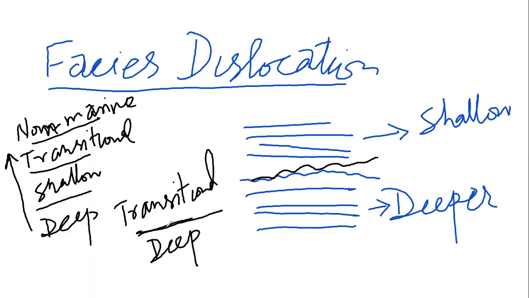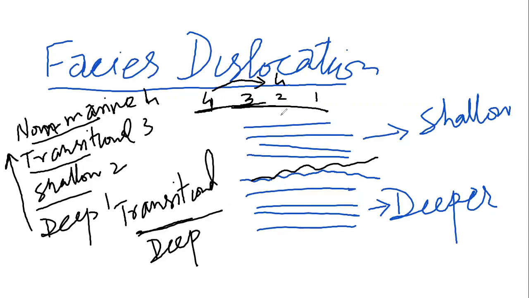Generally, the arrangement is first deep environment, after that shallow environment, then transitional. But in facies dislocation, the fourth, non-marine rock lies directly over the second.